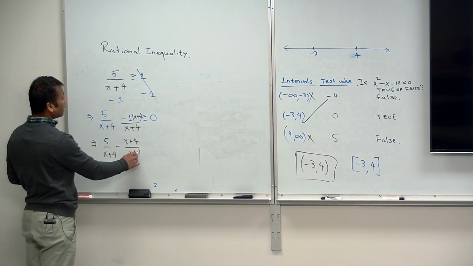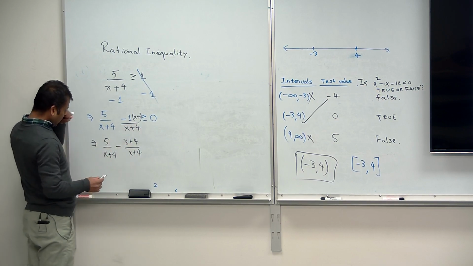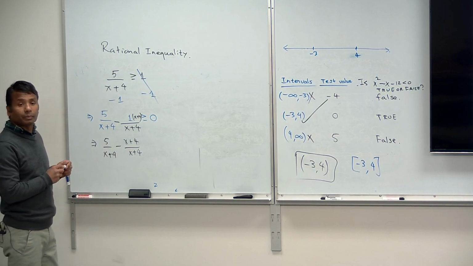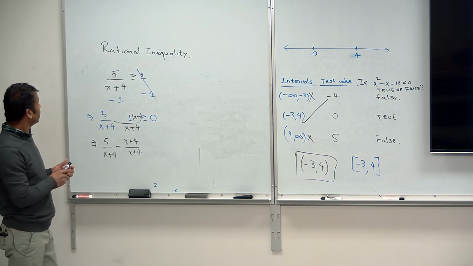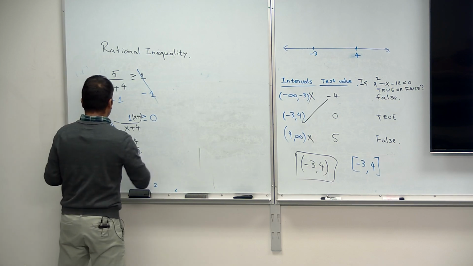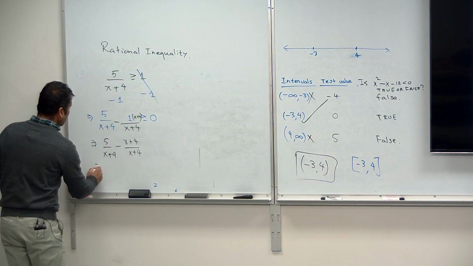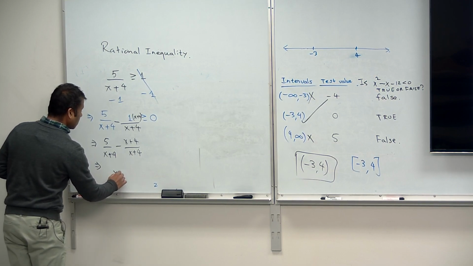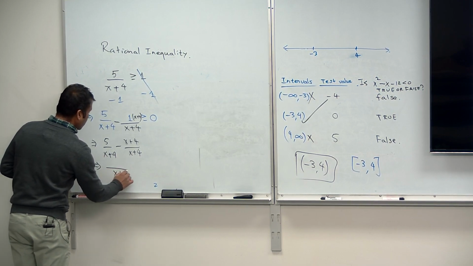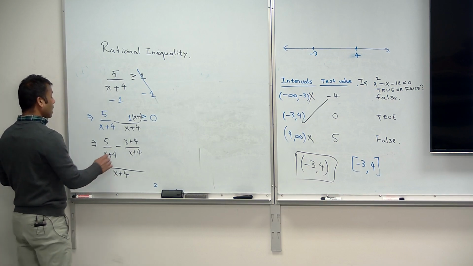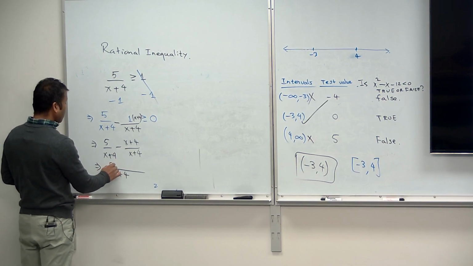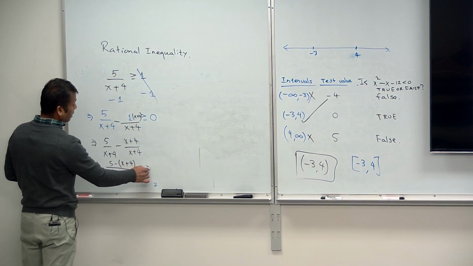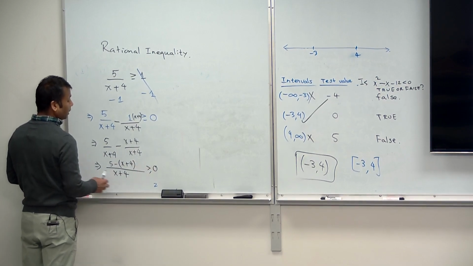Are you guys with me? Because 1 times, this is negative here. Okay. So now, you see we have a common denominator x plus 4. And in the numerator, we have 5 minus (x plus 4) is greater than or equal to 0.